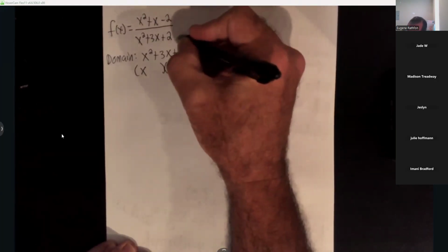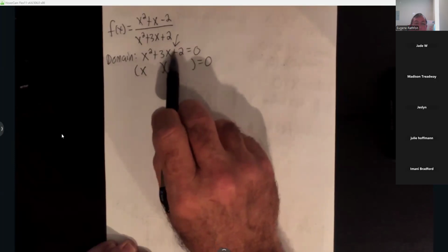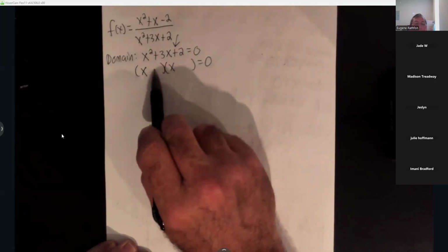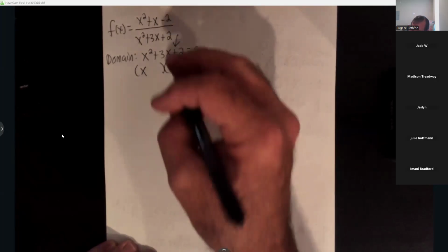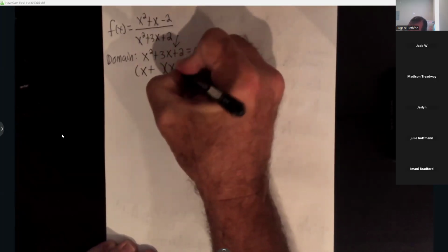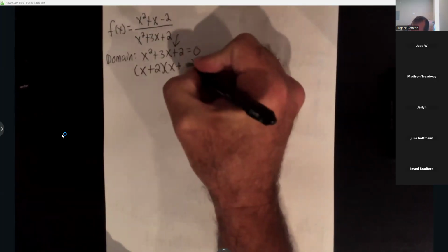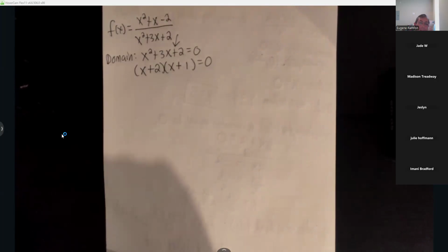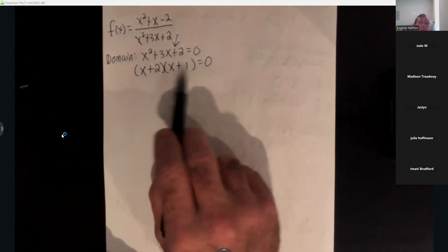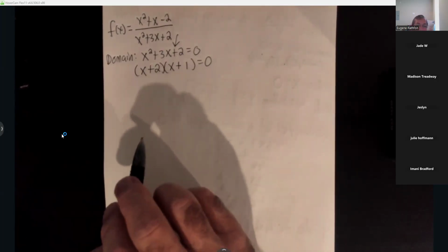All right, y'all, when the last number is positive like that, both of these factors will have the same sign as the middle. So these will both be positive. Oh, and I've only got one guess for the factors of a 2. The factors of 2 are going to be 2 and 1. So if you got a prime number here, that can only be the factors, okay?